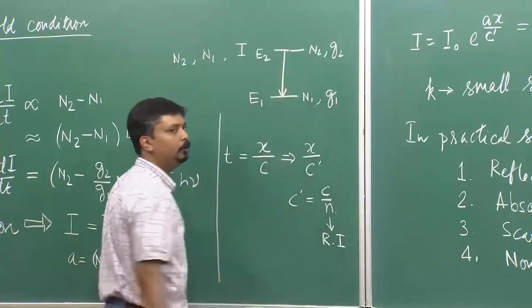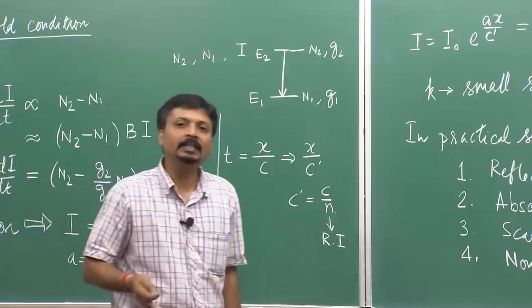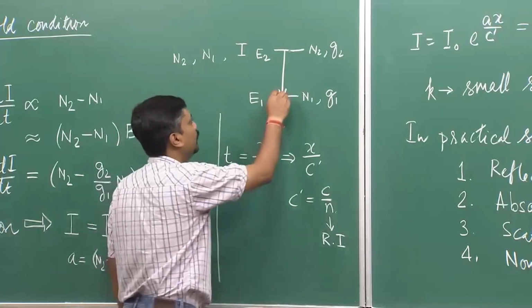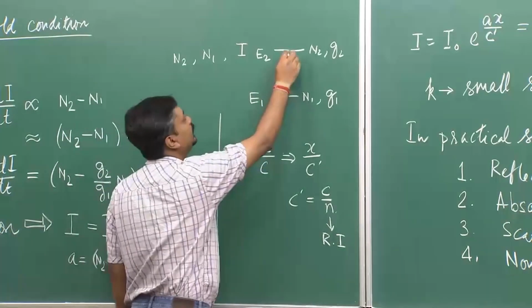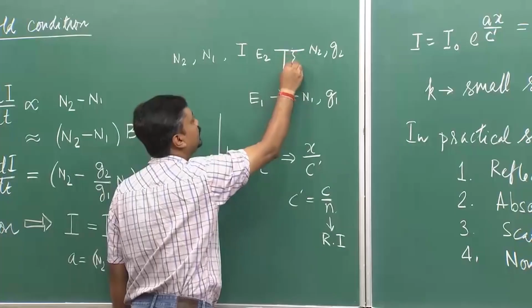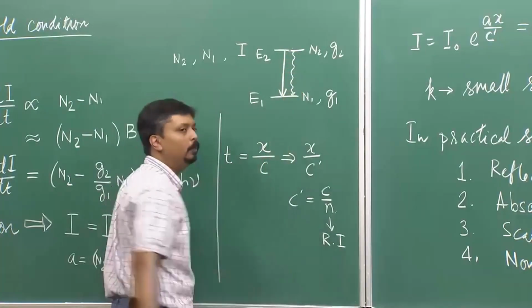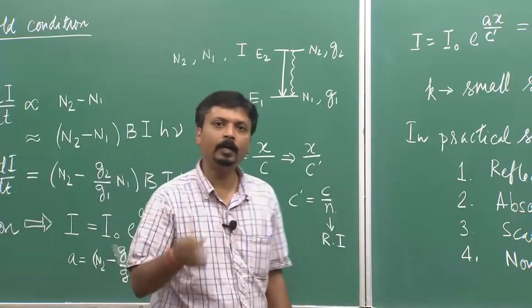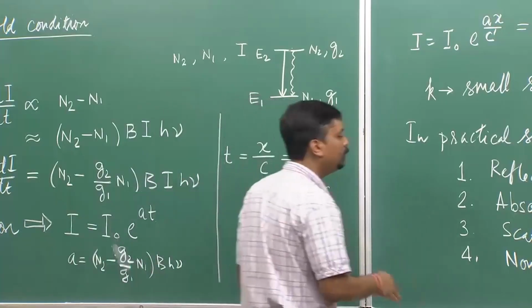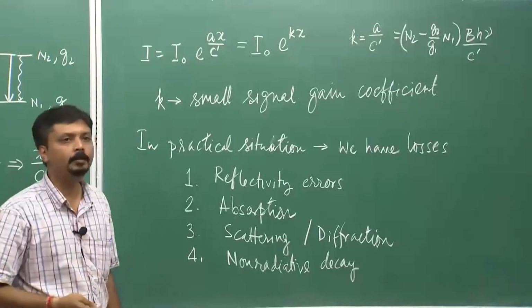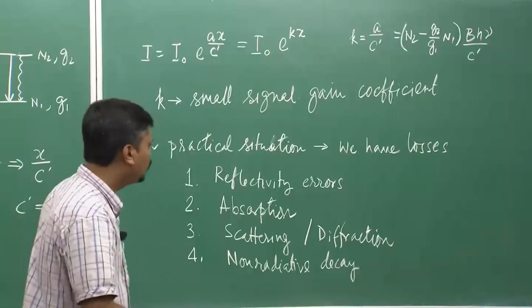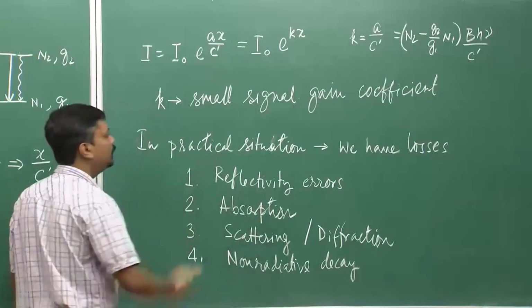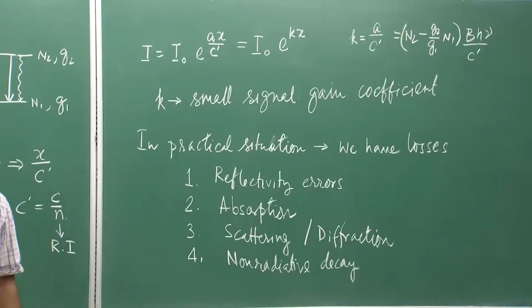So, these two states should be radiatively coupled, but instead of a radiative emission, if there is a non-radiative emission, that is, the molecule sitting here relaxes back to this state without emitting a photon, that is non-radiative decay. We have learned about that. So, if there is a certain amount of non-radiative decay, then also we are losing photons. So, there are several such losses present within the cavity.